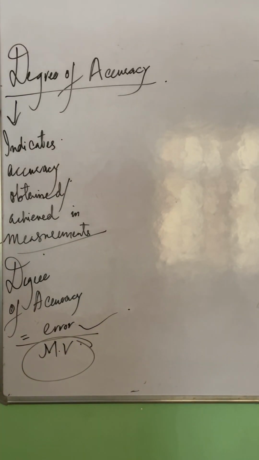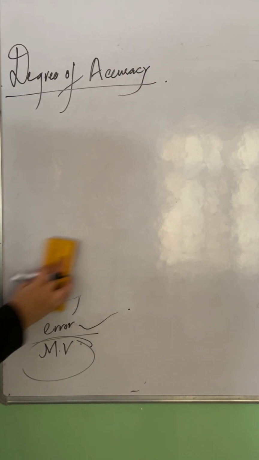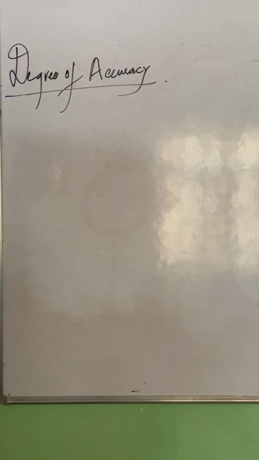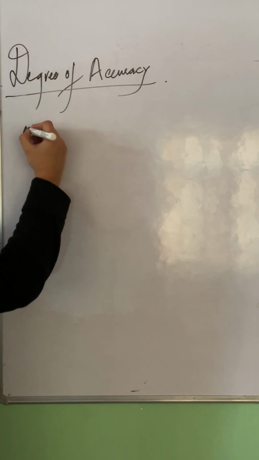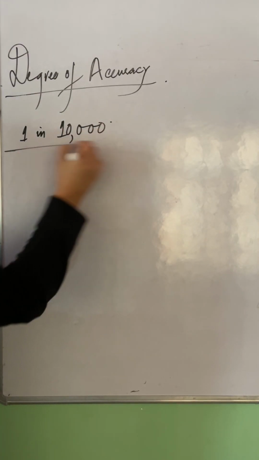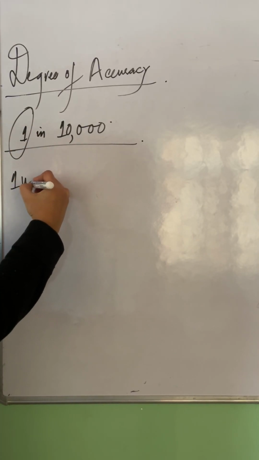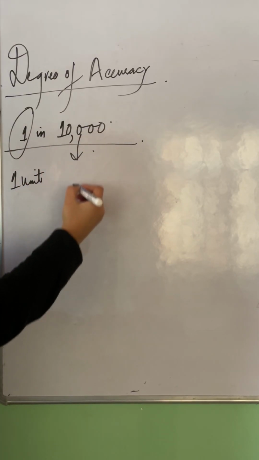For example, a degree of accuracy of 1 in 10,000 indicates that there is an error of 1 unit in 10,000 units.